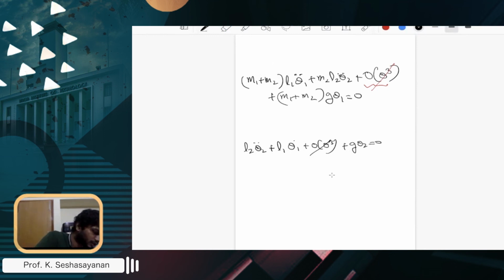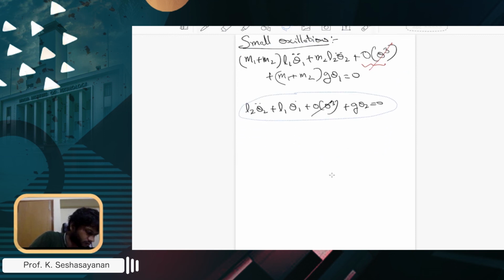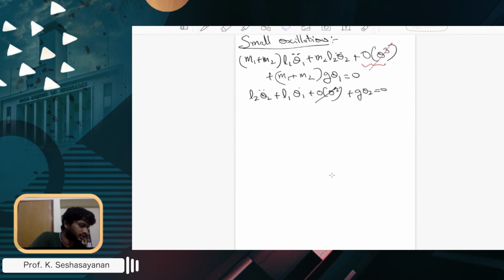We say small oscillations. These are the two governing equations in the limit of small oscillations.